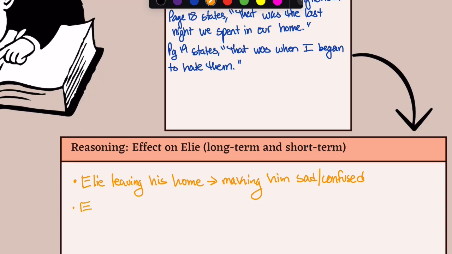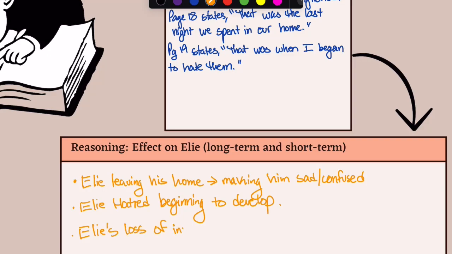We have Eli's hatred beginning to develop, right? We also have Eli's loss of innocence and childhood here. This is the first example of Eli's loss of innocence. I mean, what does a 12-year-old child know about true hatred, you know? But this was something that he was beginning to experience.